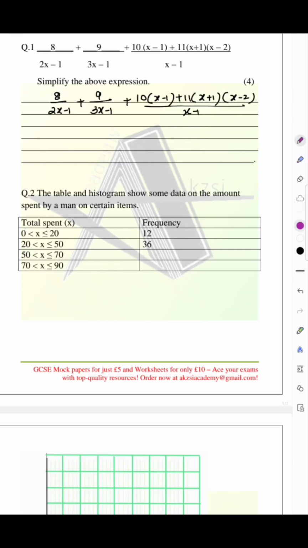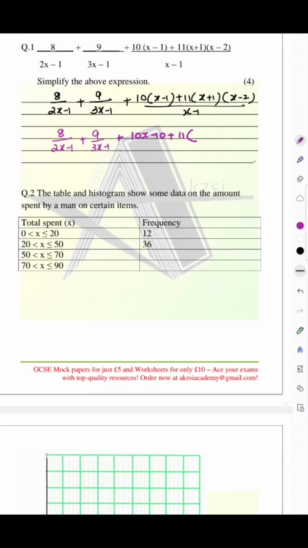Now this can be simplified too. Let me simplify this third one and then we can take the LCM. So it would be 8 over 2x minus 1 plus 9 over 3x minus 1. Let me keep it as it is. And here it would be 10 times x minus 1, so 10x minus 10, plus 11 times x plus 1 times x minus 2.